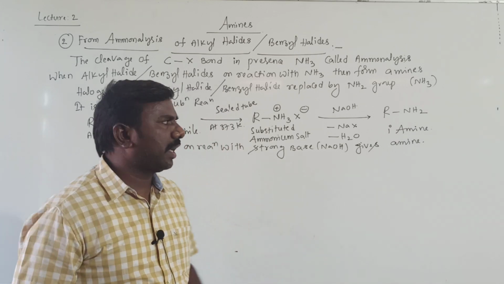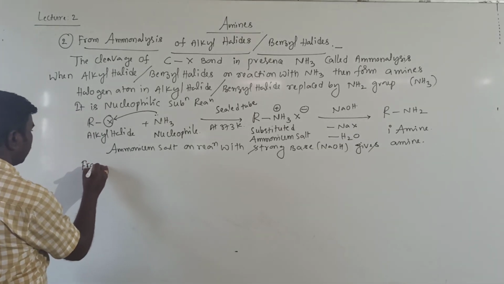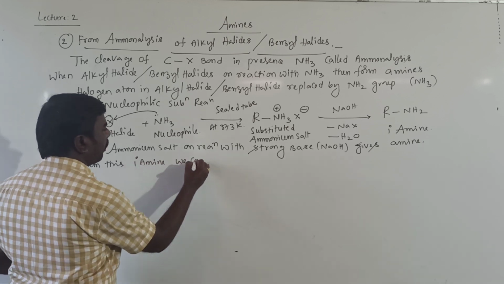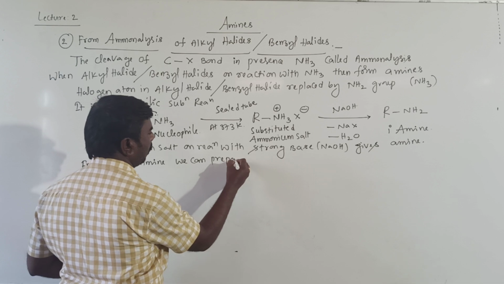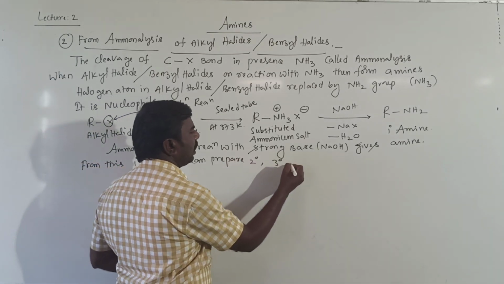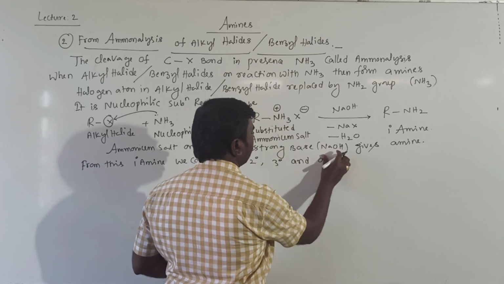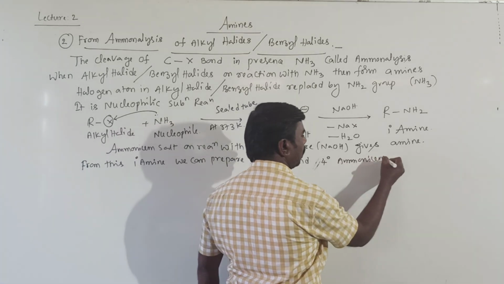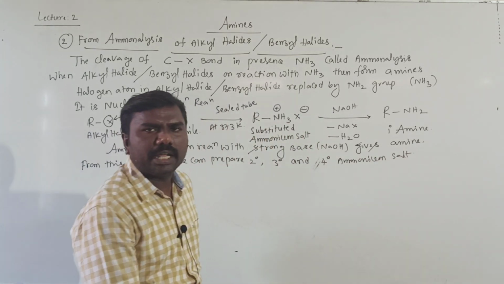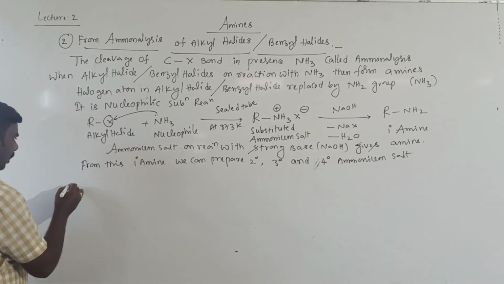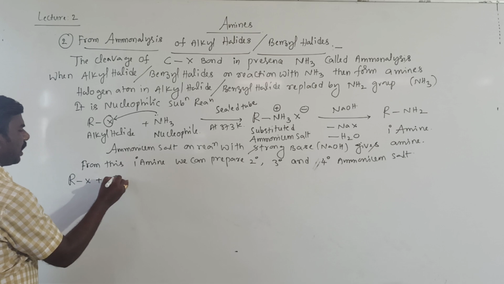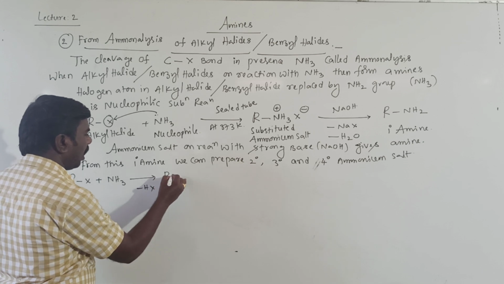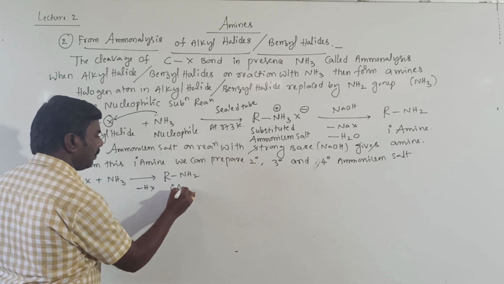From this primary amine we can prepare secondary, tertiary and quaternary amines. Quaternary means 4 degree, it is an ammonium salt. I am taking it directly, students. RX plus NH3. One H and X removed as HX, RNH2 it is, a primary amine.